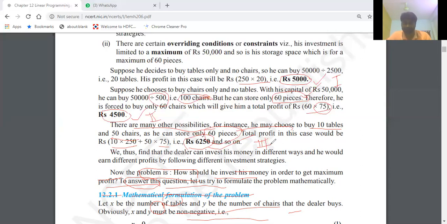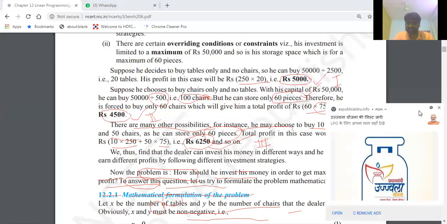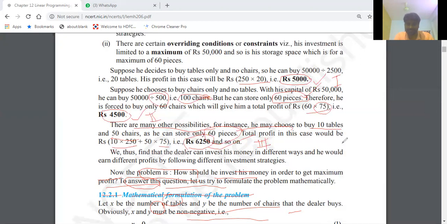We thus find that the dealer can invest his money in different ways. He would earn different profits by following different investment strategies. Now the problem is, how should he invest his money in order to get maximum profit?